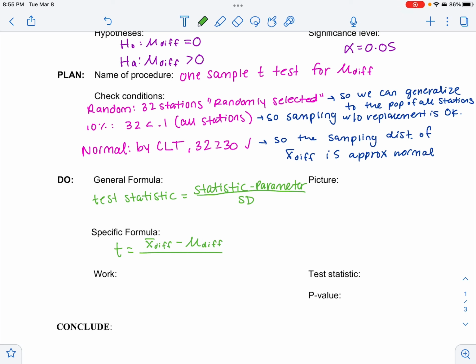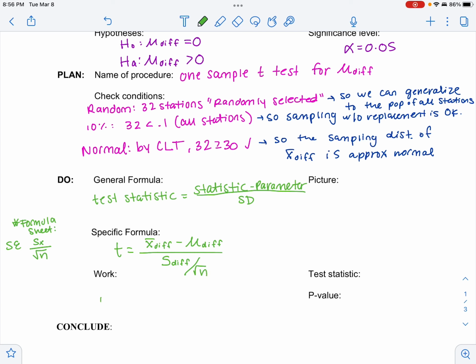Well, here remember from our formula sheet, that the standard error for these problems is the standard deviation of the sample over the square root of n. But now we're doing the standard deviation and n of this difference. So it's the standard deviation of the difference over that square root of n.